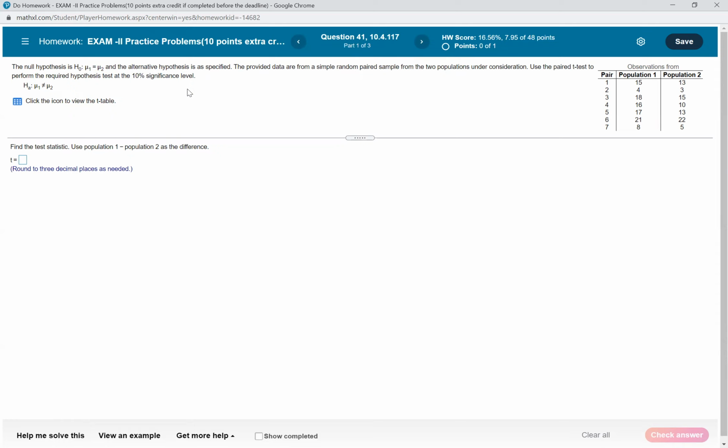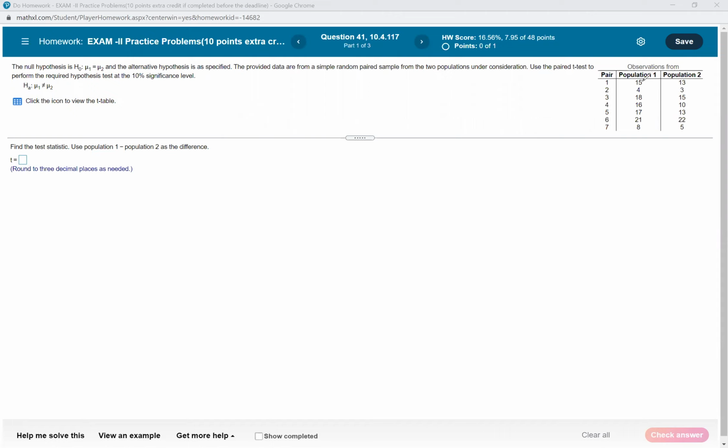And this is a paired sample. So here the samples are not independent. This is a paired sample, which means they are collected as a pair, so they are dependent samples. In that case, we cannot use the pooled test or non-pooled test. We have to use the hypothesis test for paired or dependent samples.